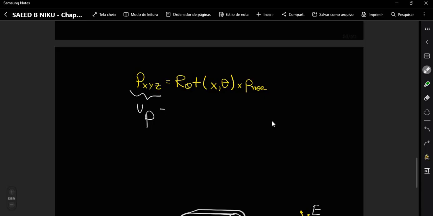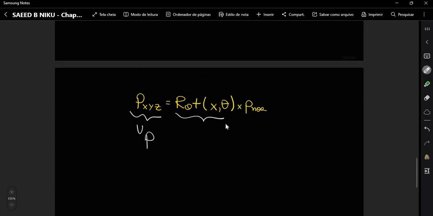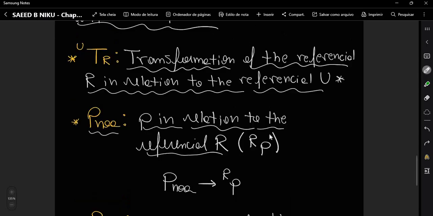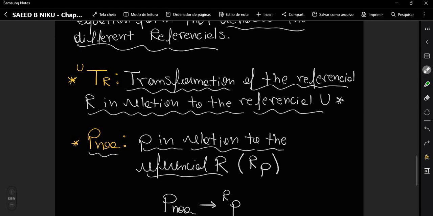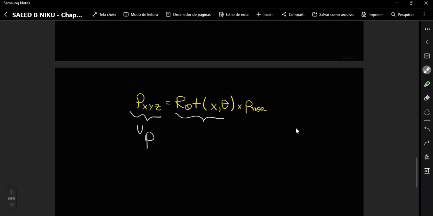And this notation, rotation above or around the axis X with some theta angle, we write with this notation: transformation of the referential, or in relation to the referential U.